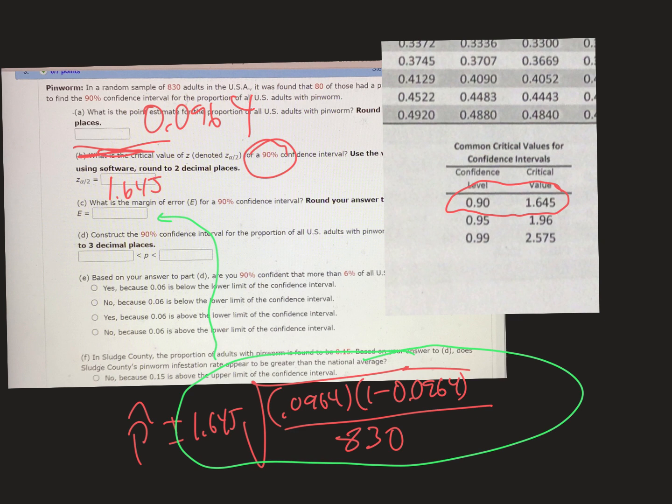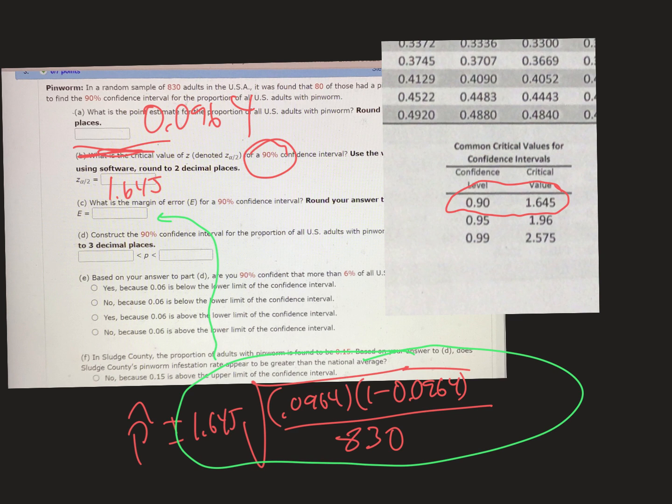So I am going to do this, and I'm going to assume you can do this. I'm going to subtract 0.0964 from 1. I'm going to multiply that by 0.0964. I'm going to divide that by 830. And I'm going to take the square root of that.